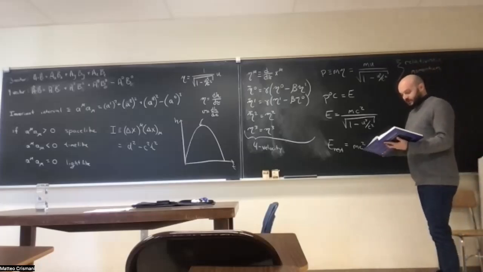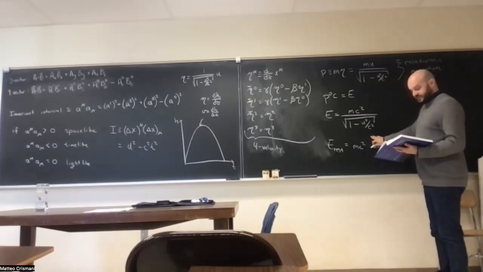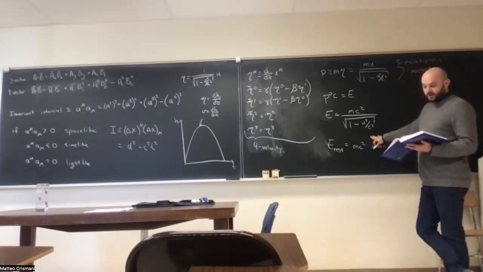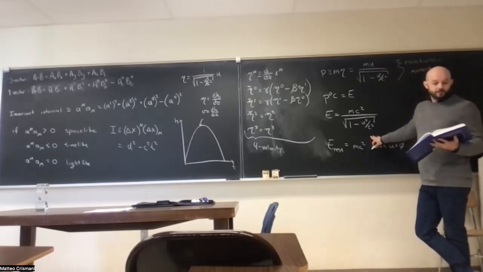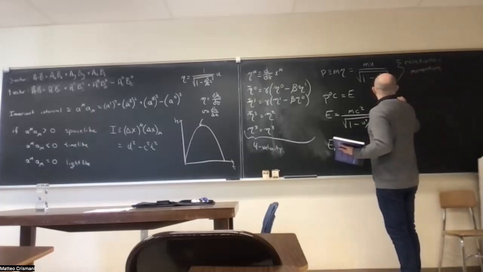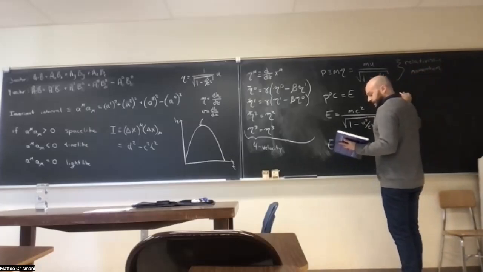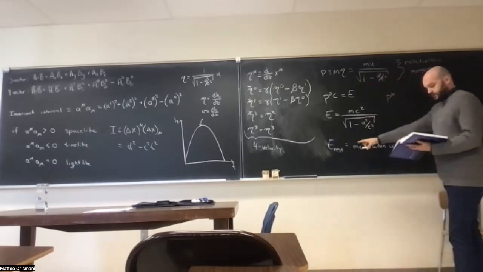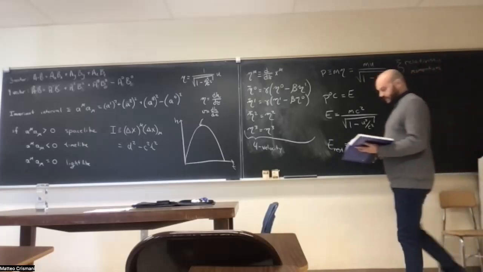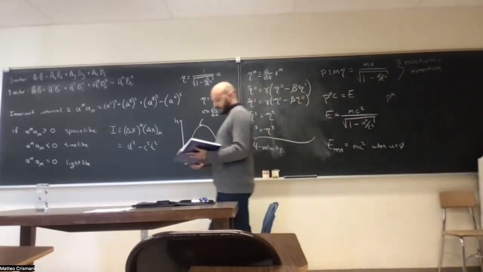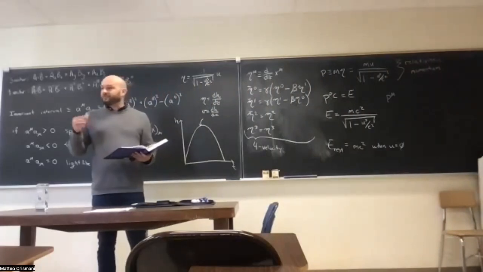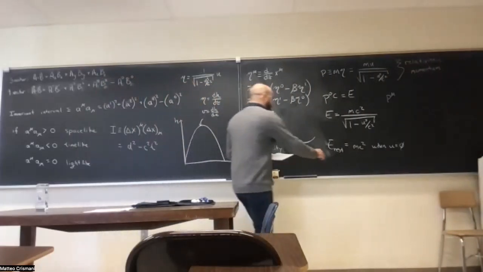Okay, so in fact, this relativistic energy is part of the energy-momentum four-vector. And it looks like this. P mu. I wrote that is the energy momentum here. The kinetic energy goes like 1/2 mu squared.